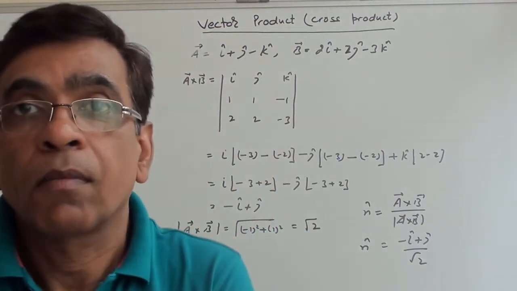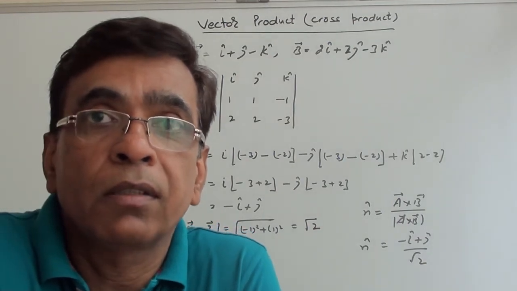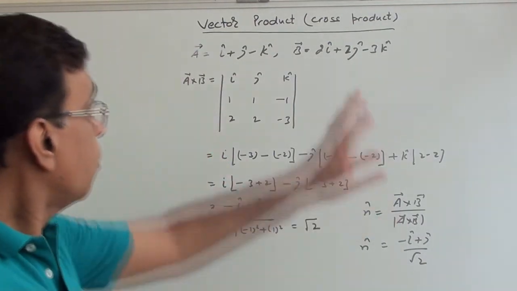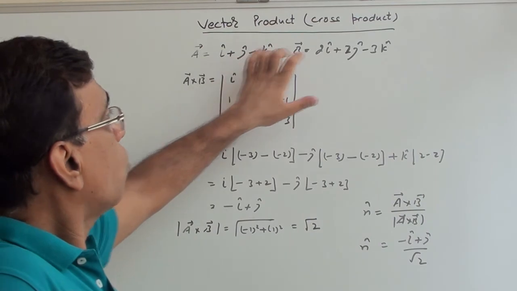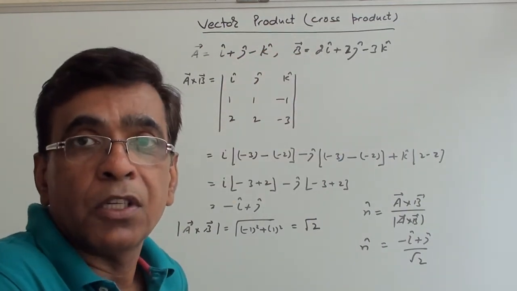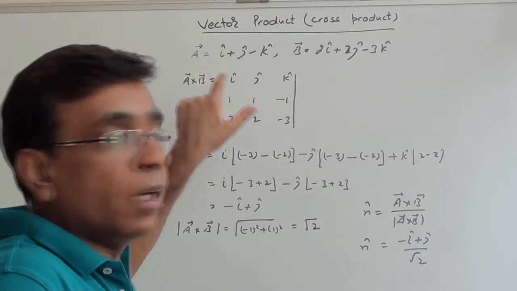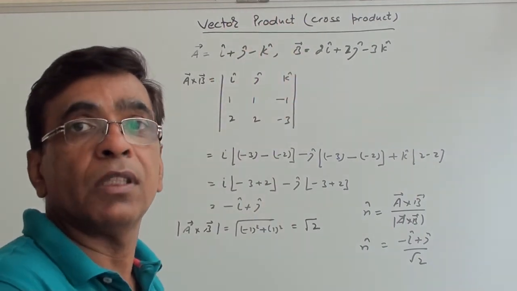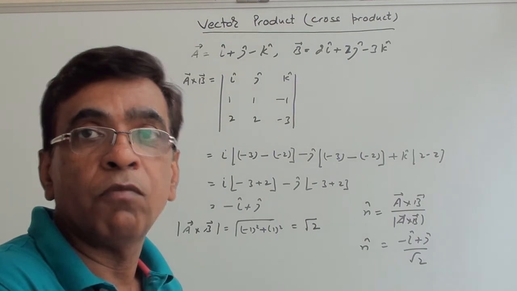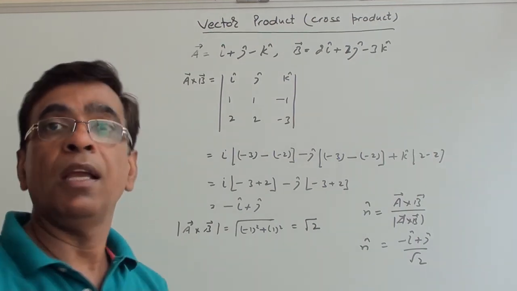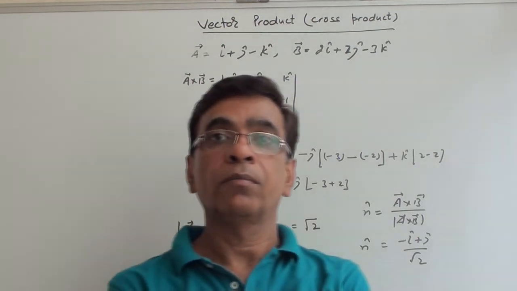So just to revise again, cross product is vector product because the quantity that we get after multiplication is a vector quantity denoted by a cross, and the magnitude of this gives us the area of the parallelogram formed by these two vectors as two adjacent sides.